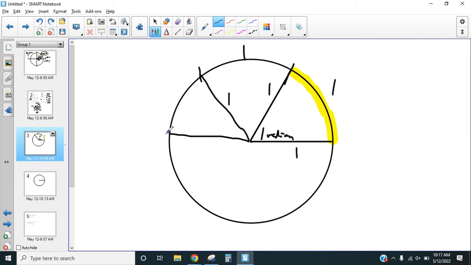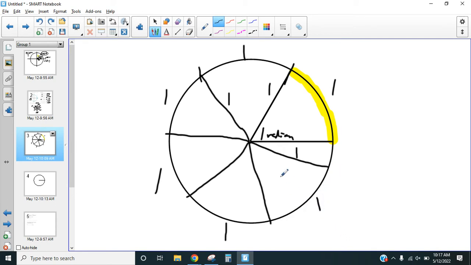It would be there-ish. I think my second one's a little large there. But anyway, that would be another radian. And if I kept going, that would be another radian, and then about there, and then about there.